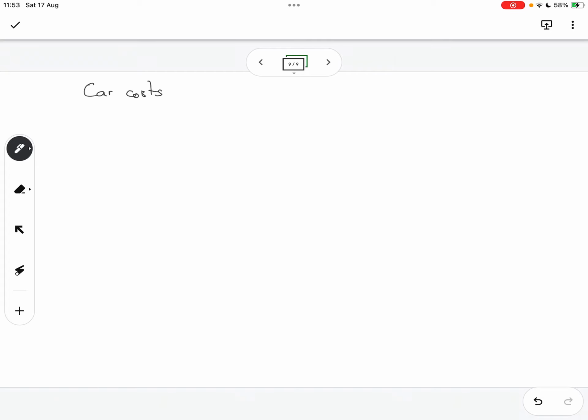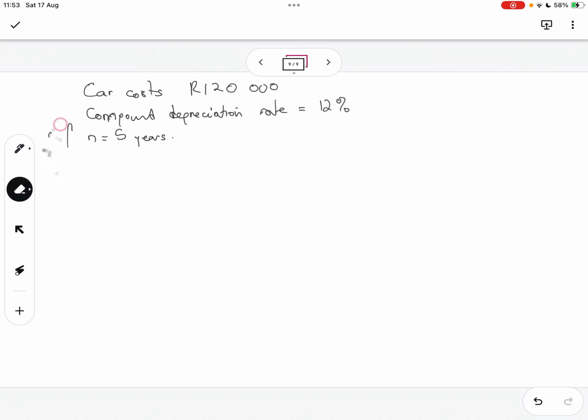So same car costs 120k, and the compound depreciation rate equals 12%, and we need to find how much it will cost after 5 years.